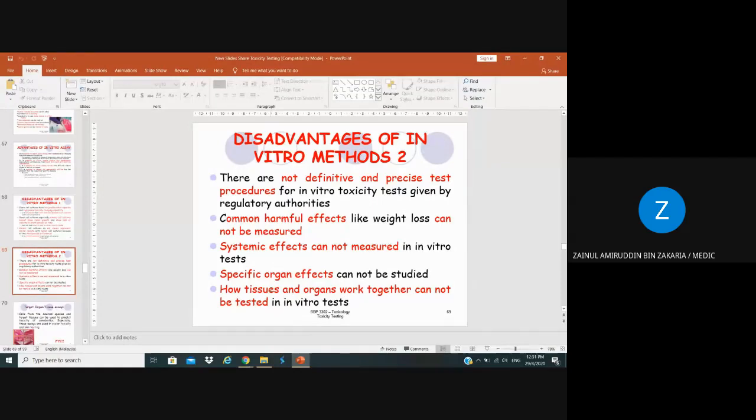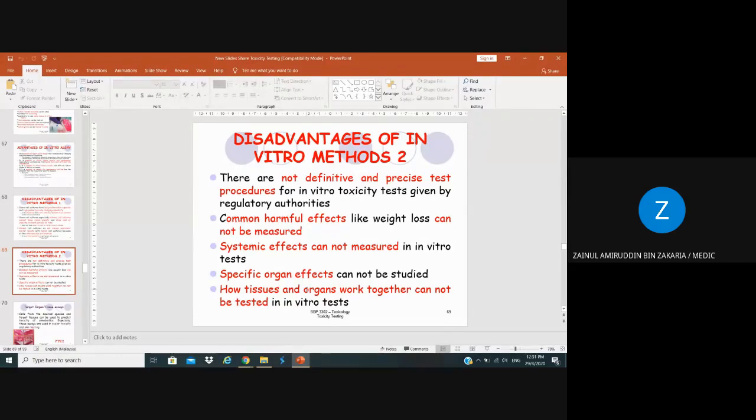So how the tissue works with the liver to heal a certain disease, you cannot see that. As I told you just now, the liver especially can transform drugs.